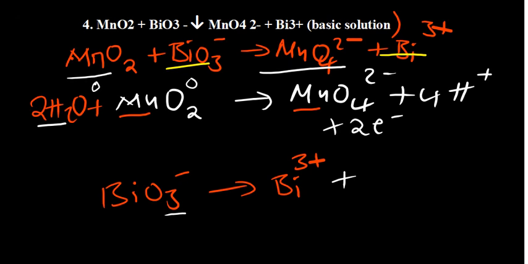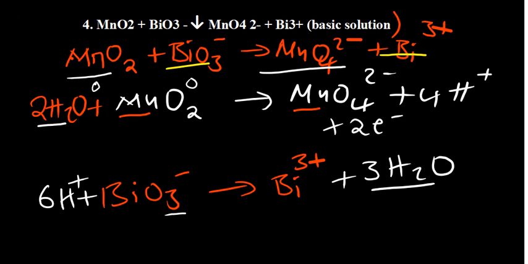So we need to balance the hydrogen. How many are they? There are 6. Okay. Is that all? So we've balanced all the atoms, including oxygen and hydrogen. So let's try to look at the charge now. On the reactant side, we have a positive 6, minus 1.